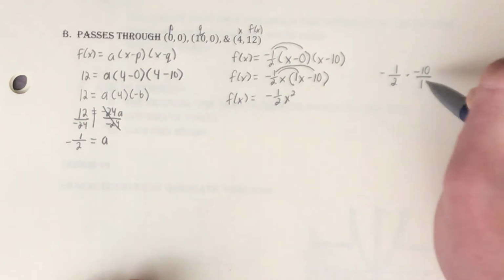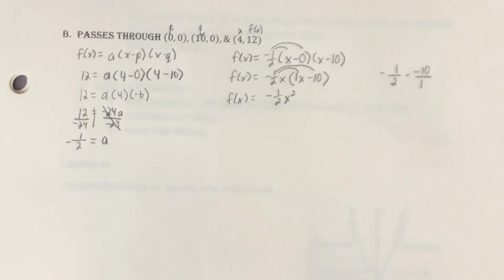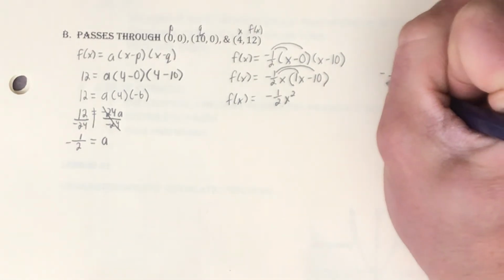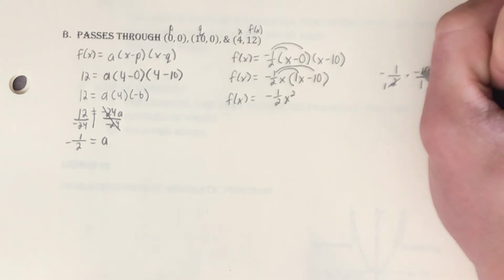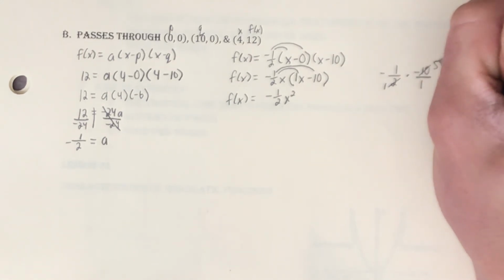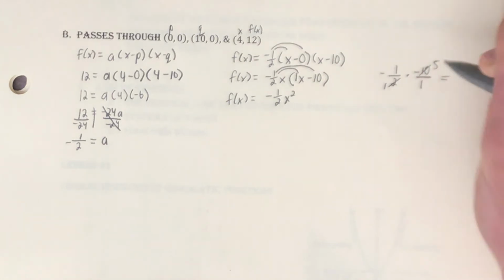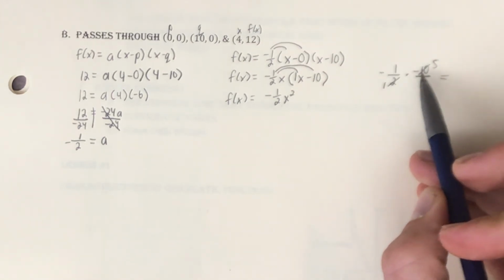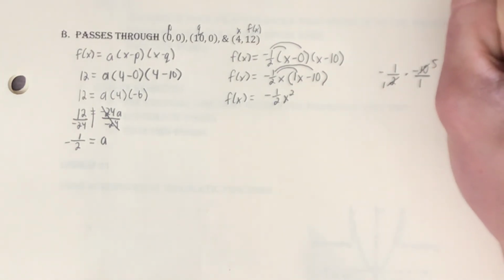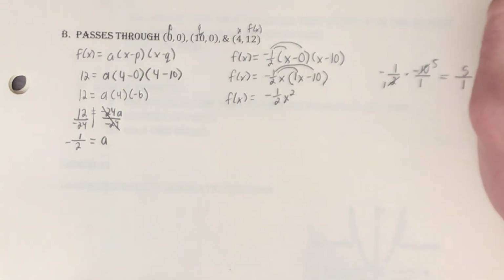But 2 and 10, those both have a common factor of 2. So 2 divided by 2 is 1, and 10 divided by 2 is 5. Then I can multiply across. So negative 1 times negative 5 is positive 5, and 1 times 1 is 1. Well, 5 over 1 is the same as just 5.